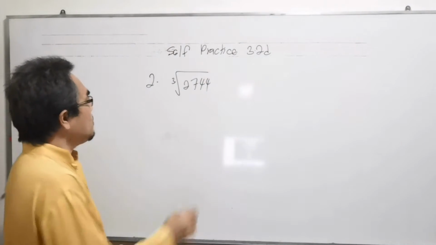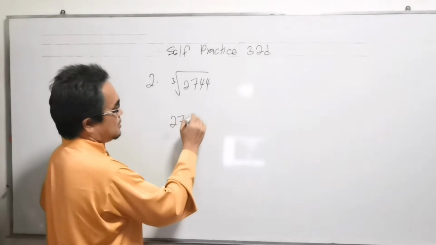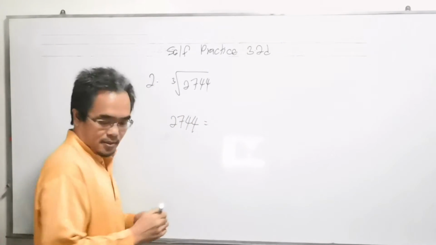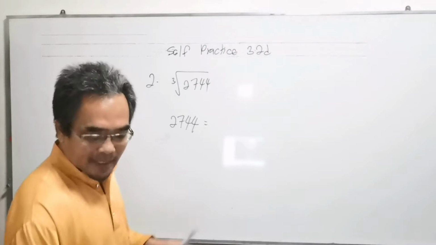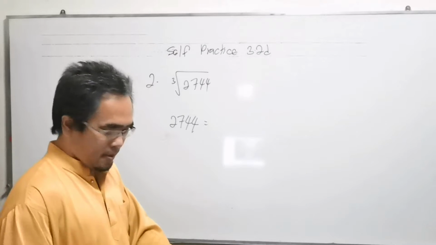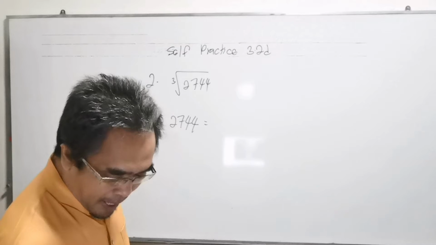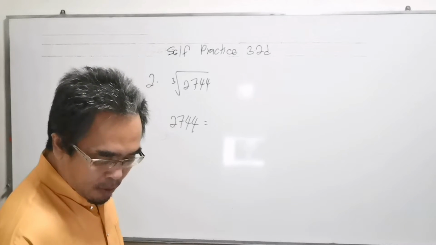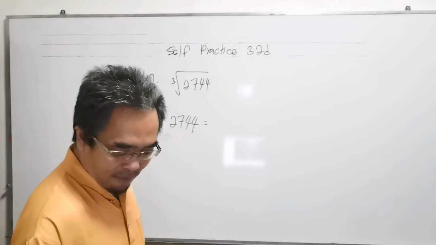What you have to do is divide this by a certain number, whatever number that you like. What I mean by any number is you could divide by 2 first.